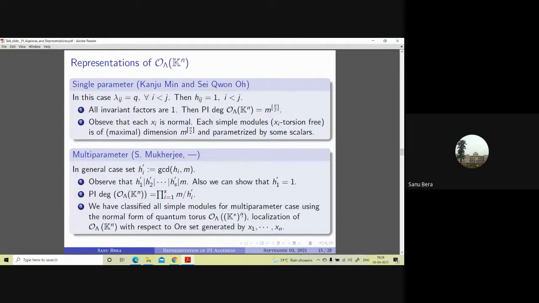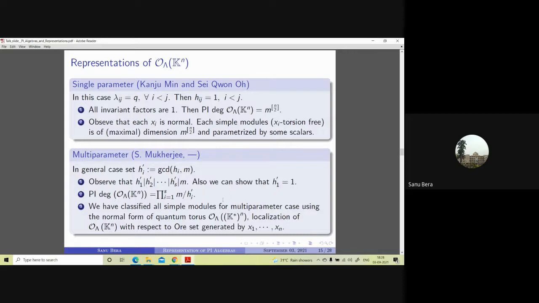We say in the literature it's a rank n quantum torus, where n appears, and its normal form says that it will be isomorphic to a tensor product of rank 2 quantum tori and a group algebra. The parameters of those rank 2 quantum tori depend on h1 prime, h2 prime, up to hs prime.